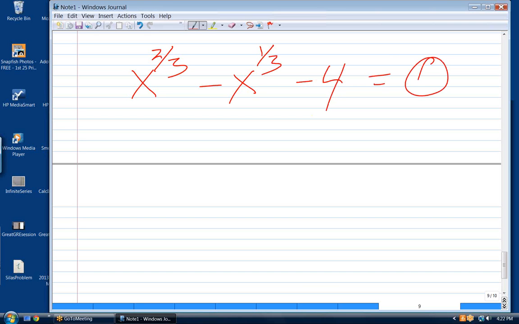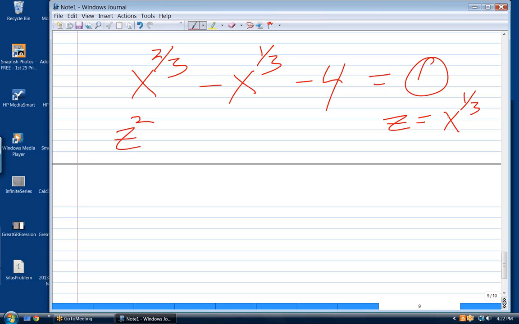This is as tough as it's going to be. Z equal to? Okay. X to the power of 1/3. Now rewrite it in Z. So Z squared.